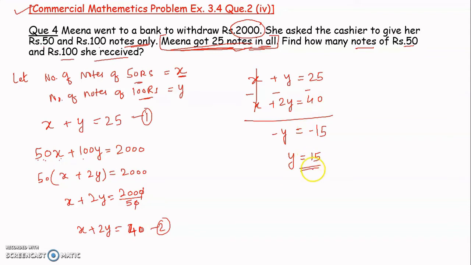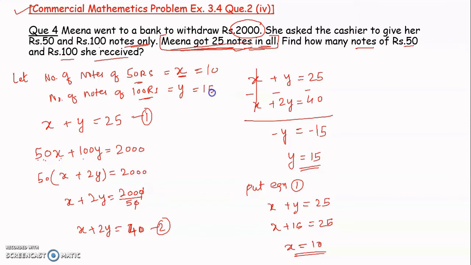And if you put y equal to 15 in equation number 1, so here equation number 1 is x plus y equal to 25. So in place of y, if you put 15, then we get x equal to 10. So there will be 10 notes of 50 rupees and 15 notes of 100 rupees.